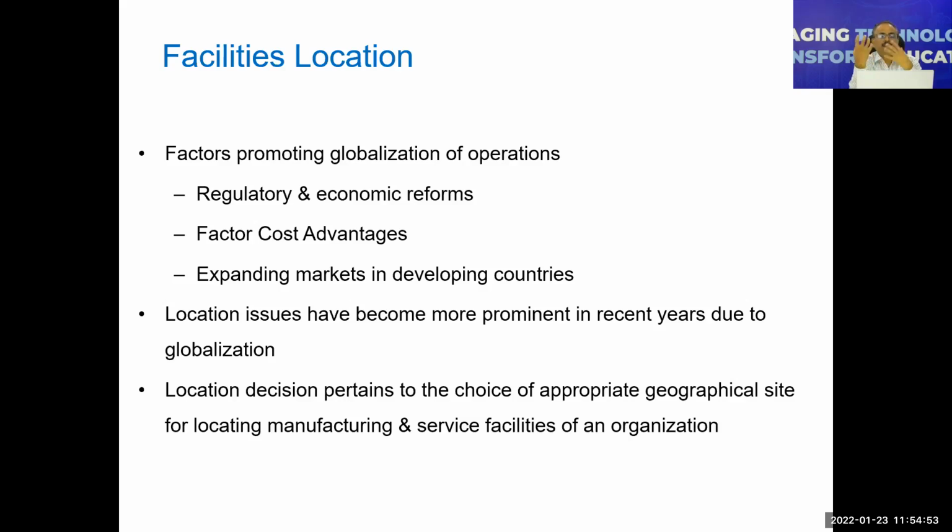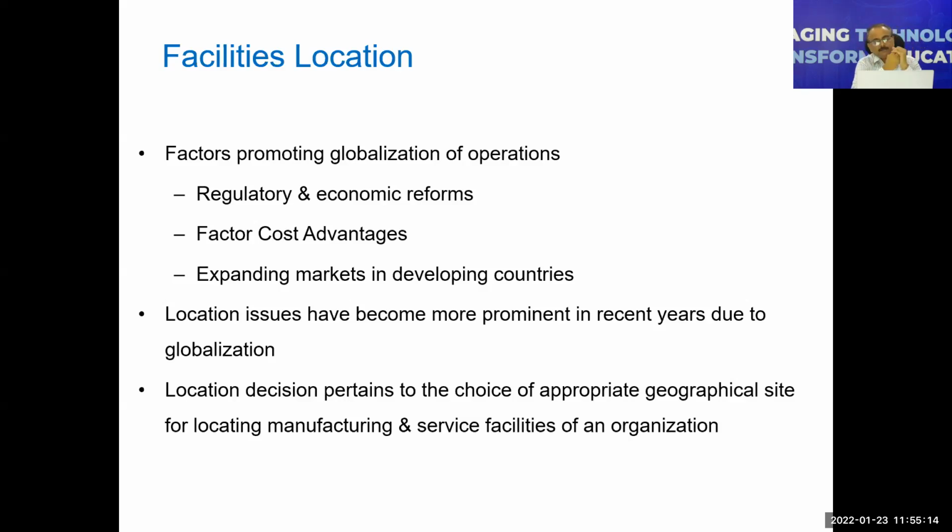Similarly, all these developing countries are now looking at expansion in terms of the development activities they are concerned. So because of the globalization, we can see that there is an expanding market that is available for many multinational companies in these developed countries.